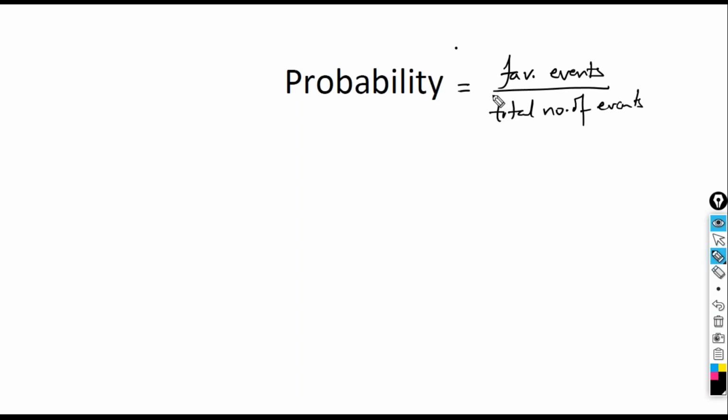When it comes to the total number of events, I always say that this is my sample space. So out of my total sample space, whatever the favorable sample space is, as per the given condition, we have to choose the values.